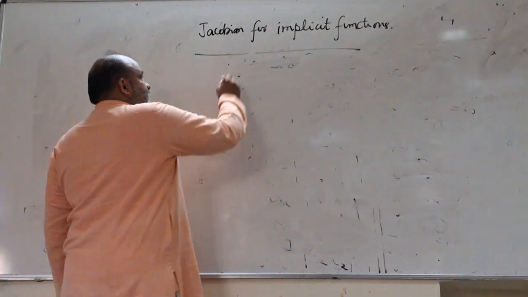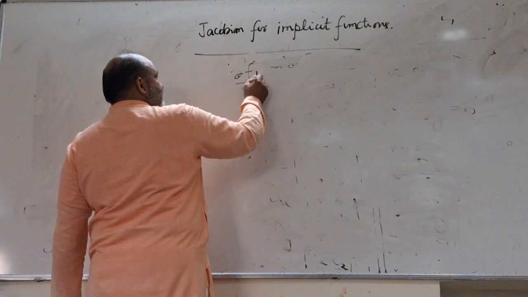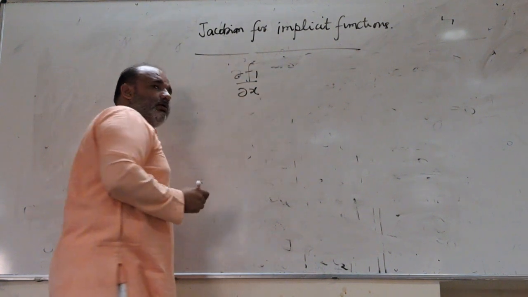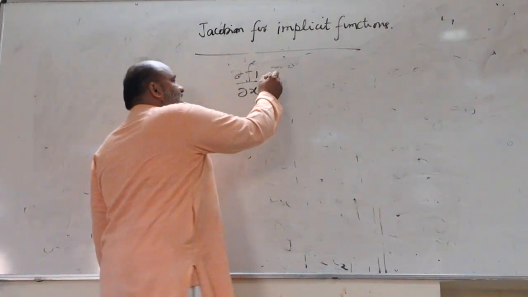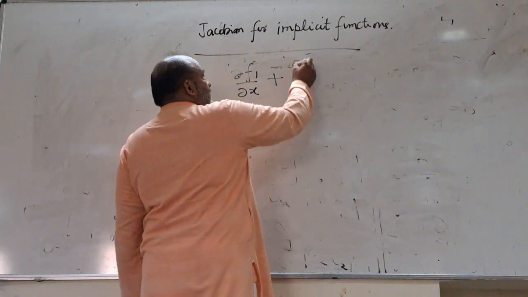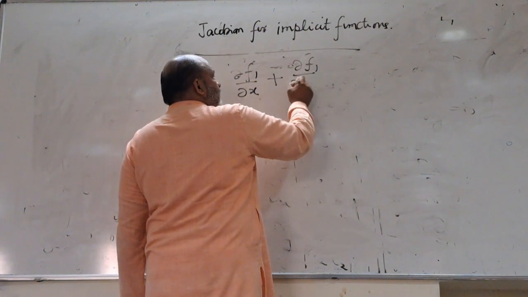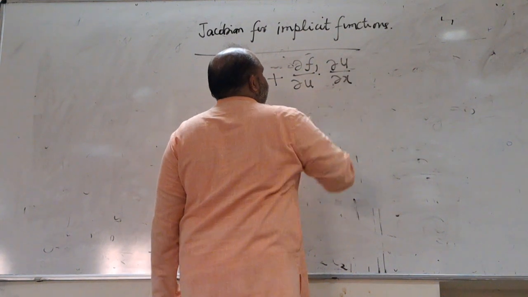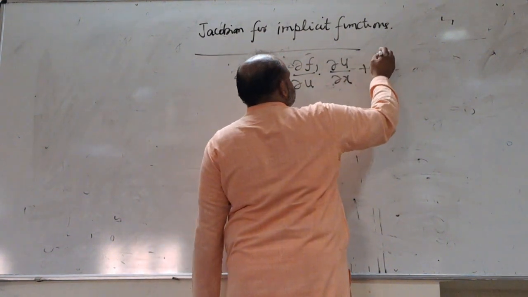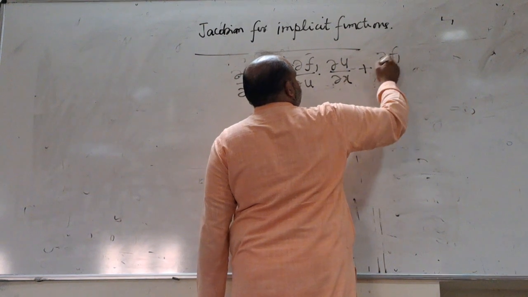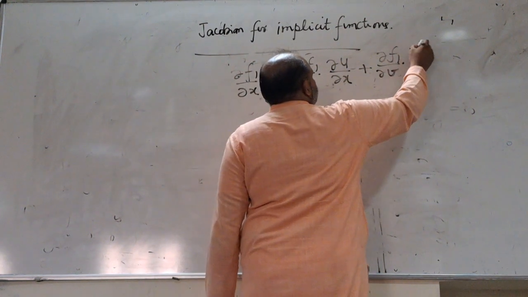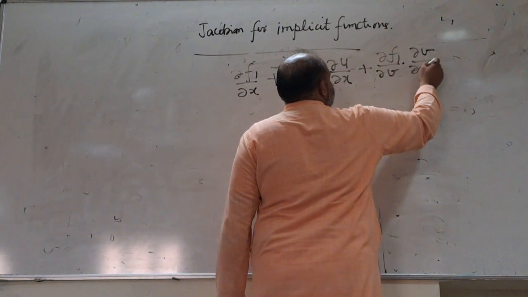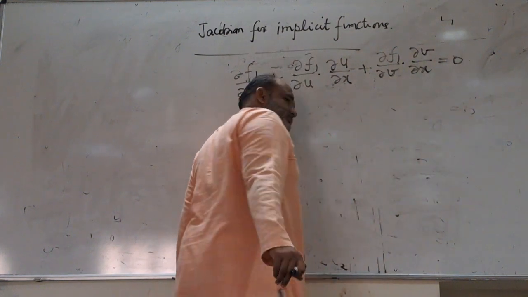What is that? First equation, I think it must be del f1 over del x plus del f1 over del u into del u over del x plus del f1 over del v into del v over del x is equal to 0.